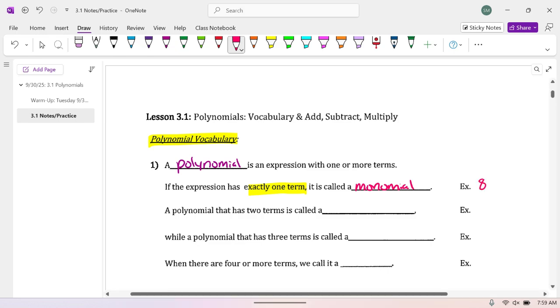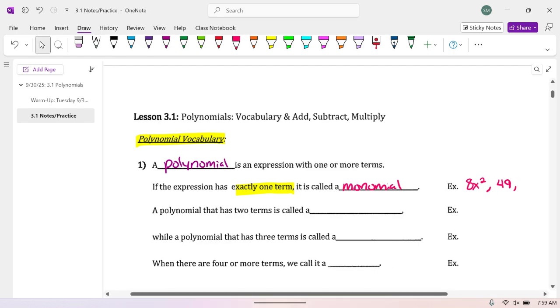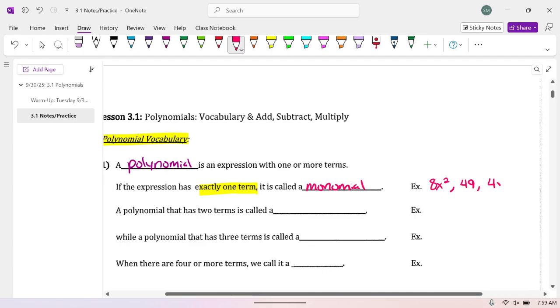So that could be 8x squared, that could be 49, that could be 4x. All right. That's just some examples. Now, if you notice, mono in Latin means what? One.